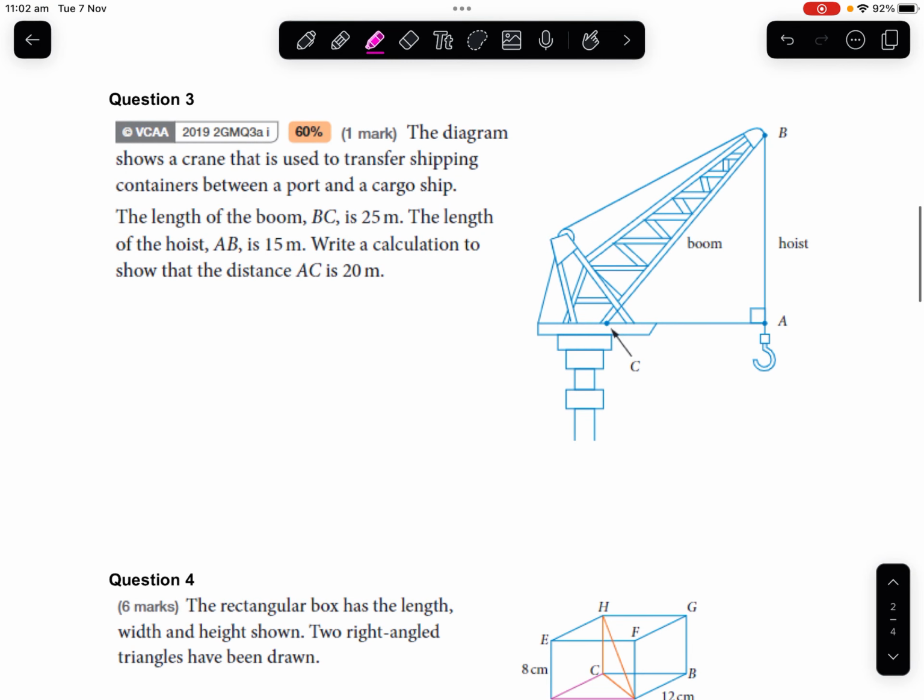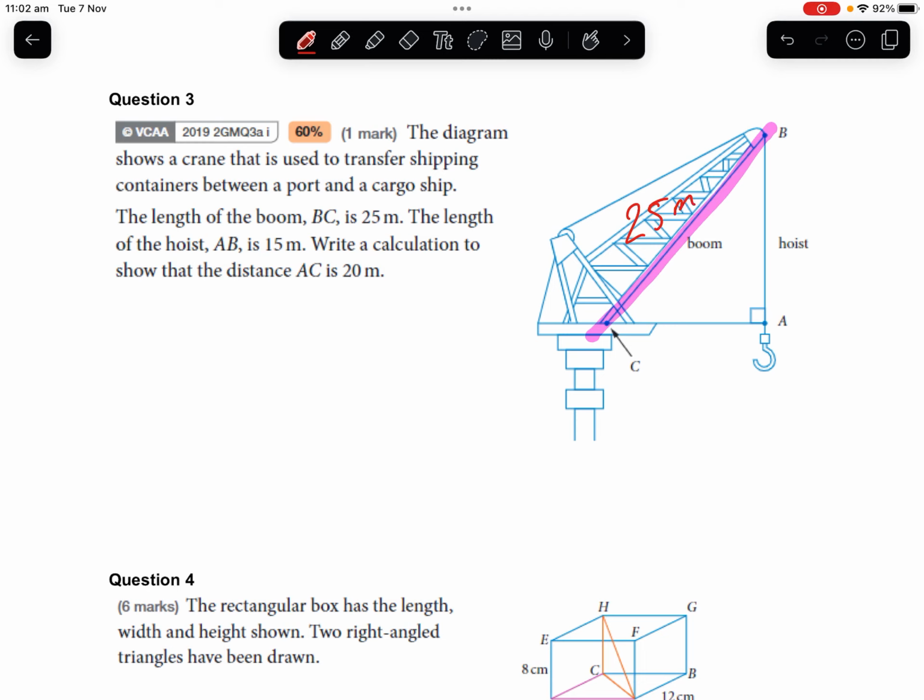Okay, question 3. The diagram shows a crane that is used to transfer shipping containers between port and a cargo ship. The length of the boom BC is equal to 25. BC is this length here, and that is equal to 25 meters.